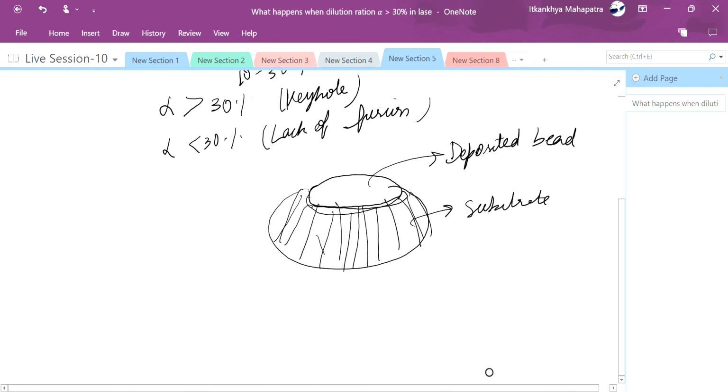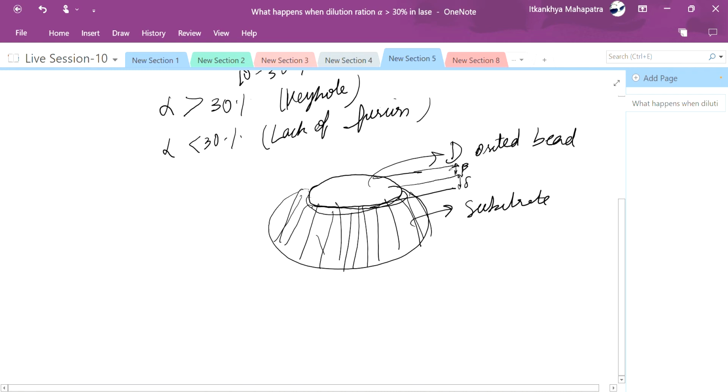The height here is beta, and from here this is the first layer, delta. The ratio delta by beta plus delta into 100 is the dilution ratio.